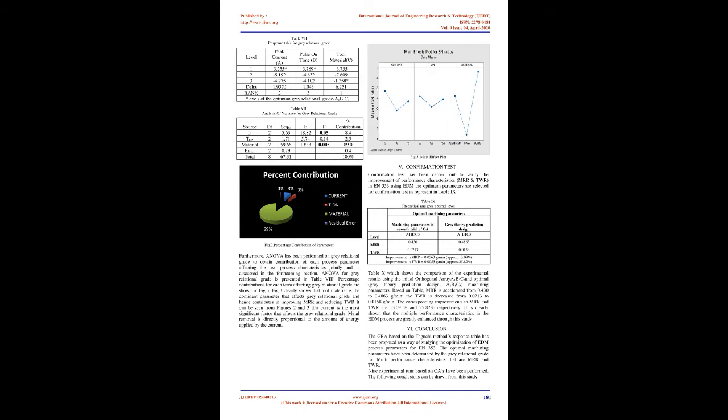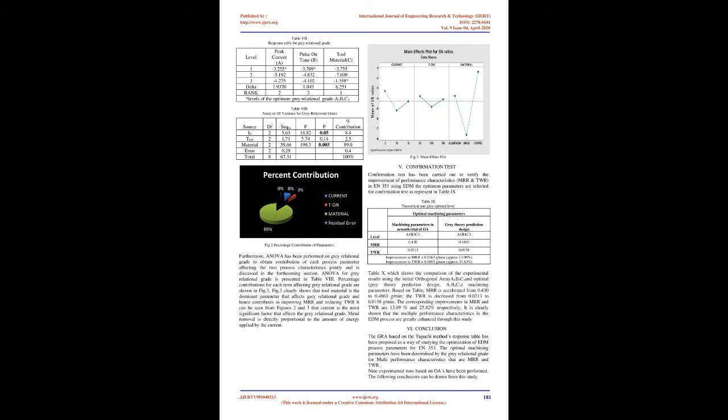The Gray relational coefficient is defined by equation 4, where Δ_i(k) is the deviation sequence of the reference sequence x_0(k) and the comparability sequence x_i(k), and ζ is the distinguishing or identification coefficient, taken as 0.5 if all the parameters are given equal preference. The Gray relational coefficient for each experiment of the L9 OA can be calculated using the equation and is expressed in Table 6.